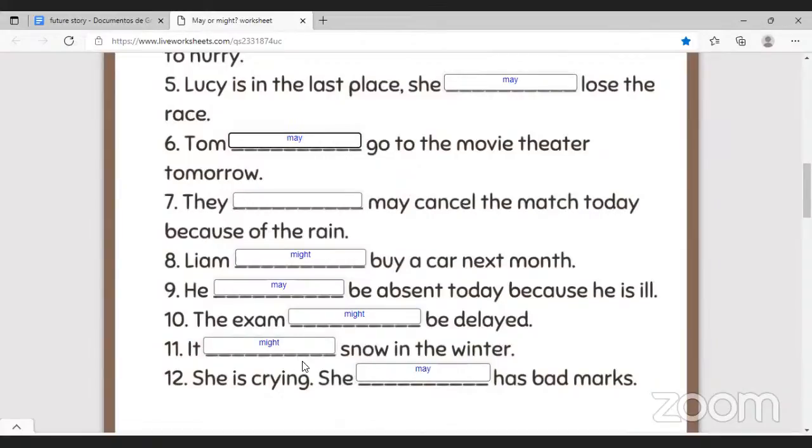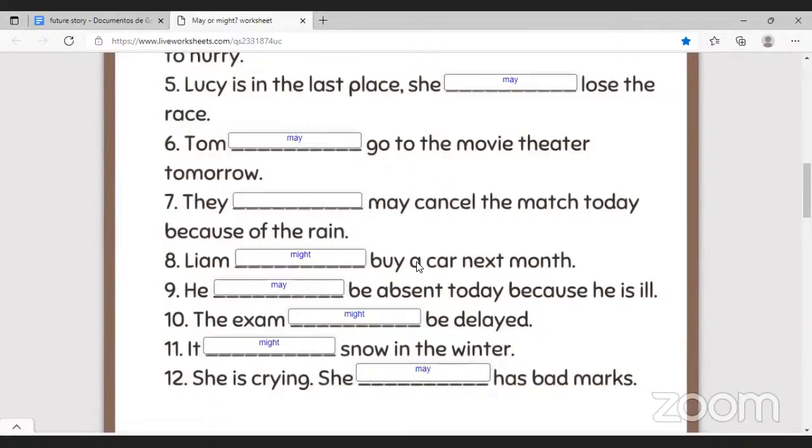What about number 6? On number 6, I'm not sure. I think it could be both because we don't know the context. Number 8?